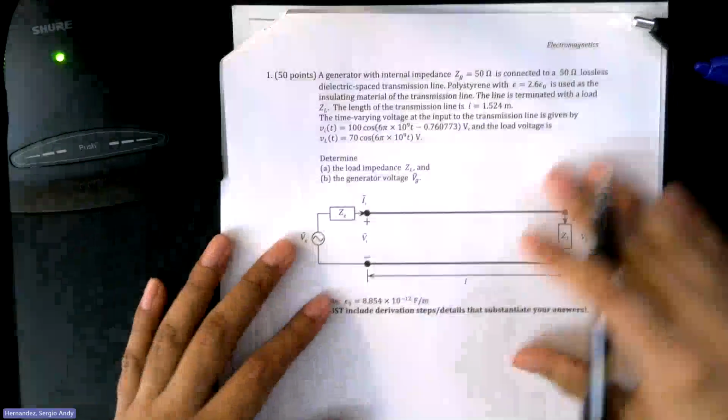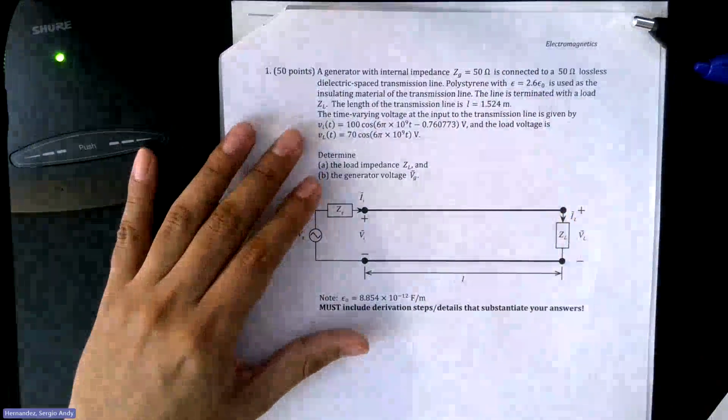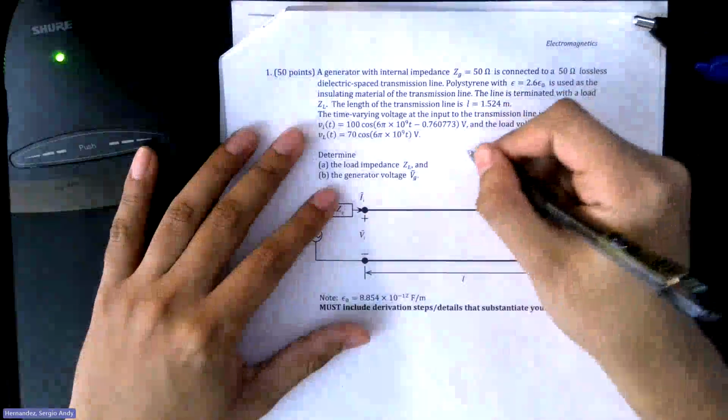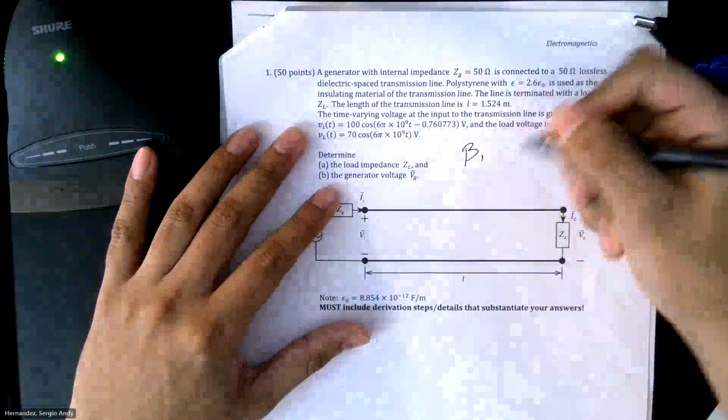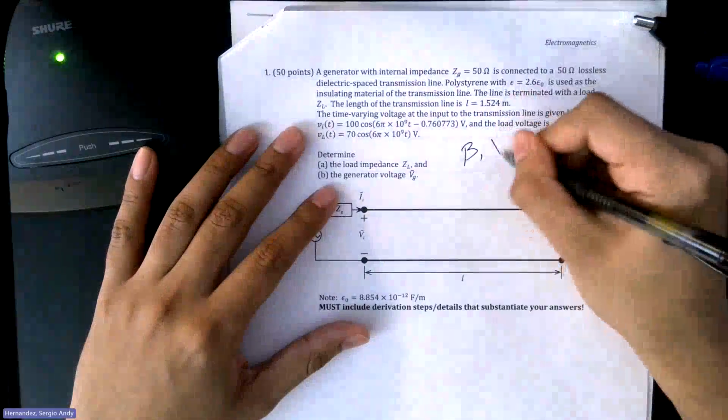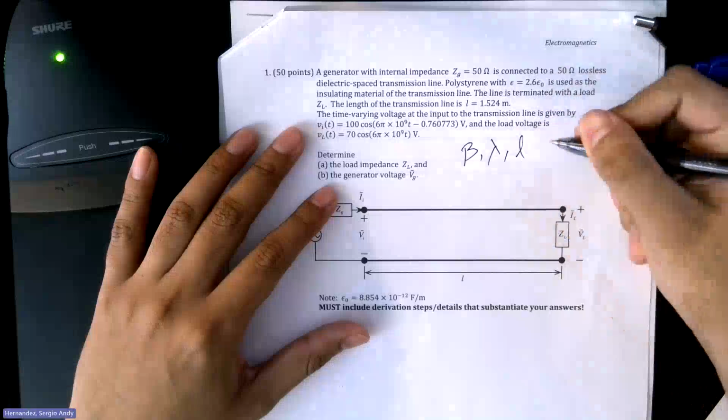Okay, for this problem, you just want to do the normal thing. So you want your beta, what else? Lambda, and your length.